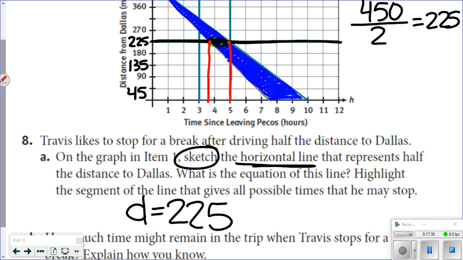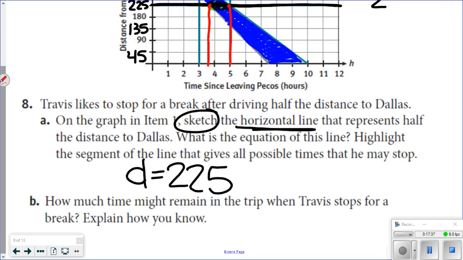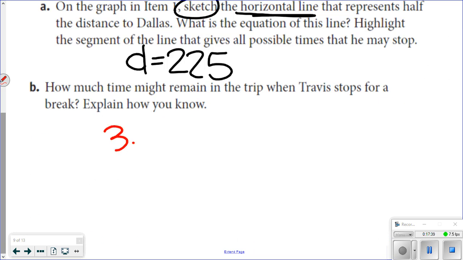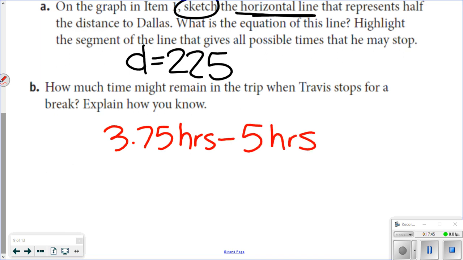So I'm going to say maybe 3.75 hours to 5 hours. 3.7, 3.6. It's a little over 3.5, a little bigger than 3.5. And these are the two endpoints of your horizontal line where they intersect with our shaded region.